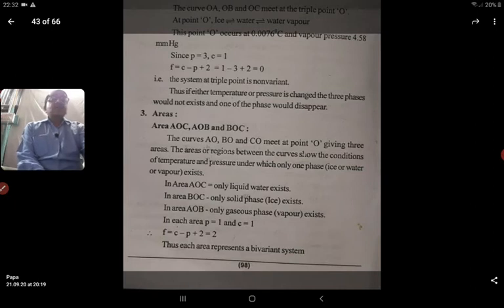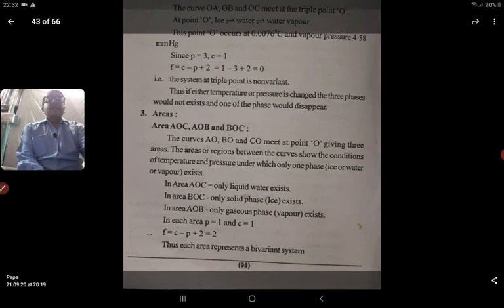The areas or regions between the curves show the conditions of temperature and pressure under which only one phase, that is ice or water or vapor, exists. In area AOC, only liquid water exists. In area BOC, only the solid phase, that is ice, exists. In area AOB, only the gaseous or vapor phase exists.